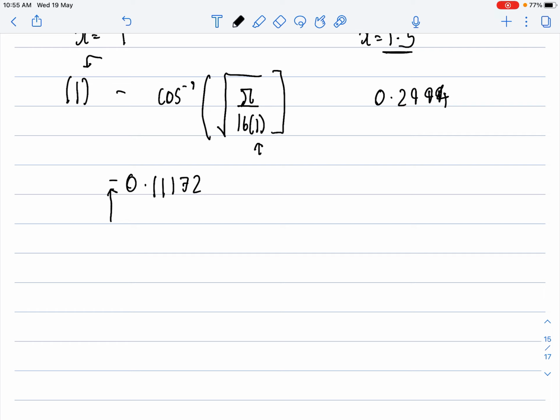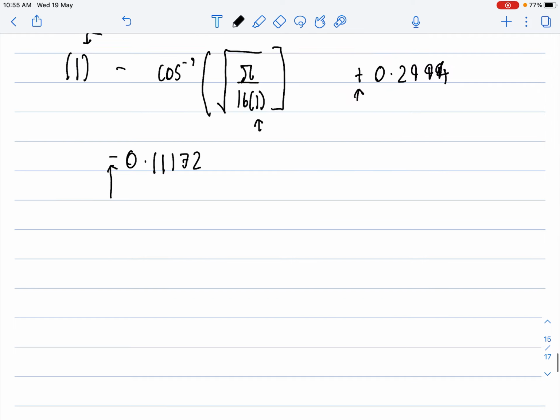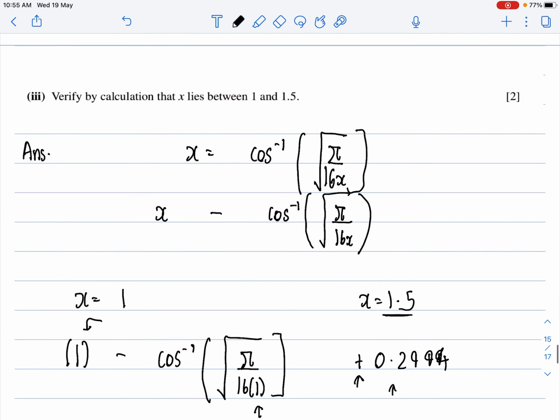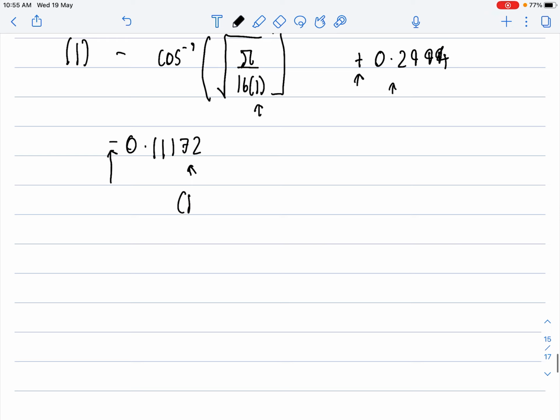If you see here, this is a positive value. So I care about the signs. If there's a change in sign between both of these values, I can say that x lies between 1 and 1.5. So I just need to write change in sign, hence verified.